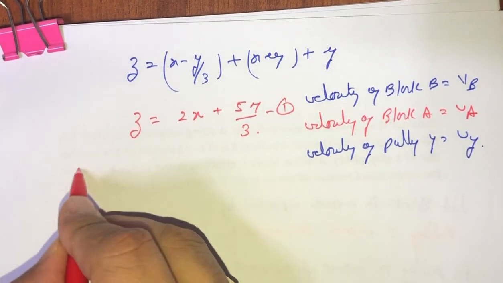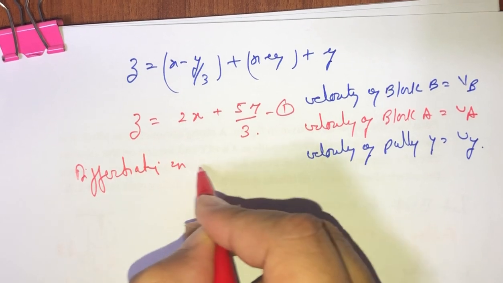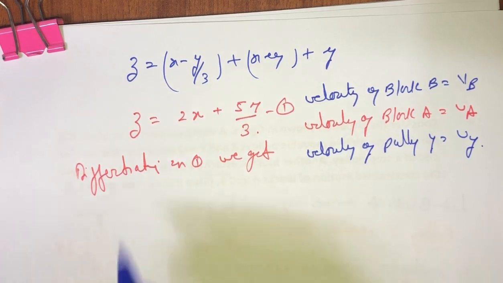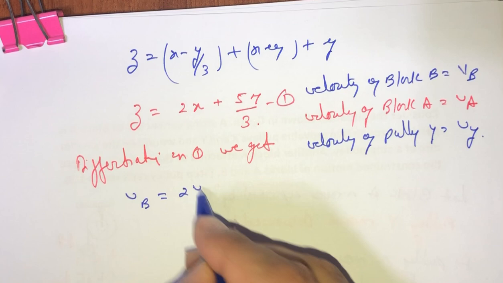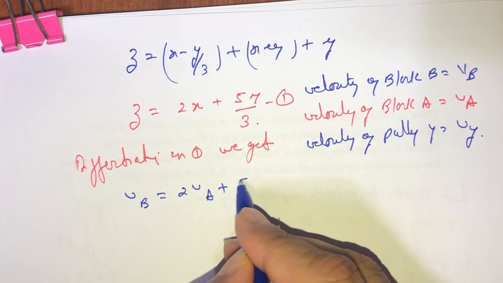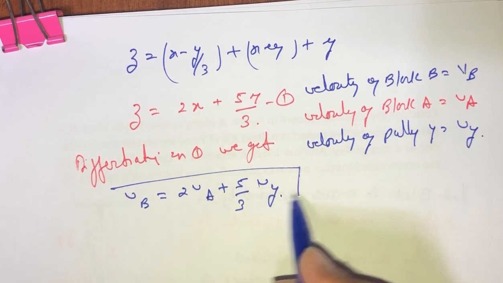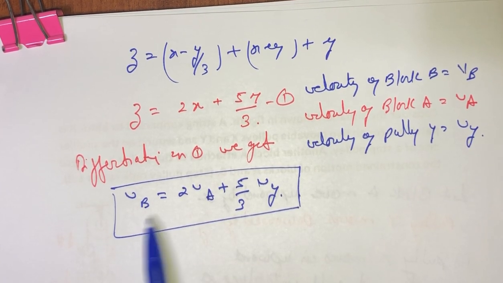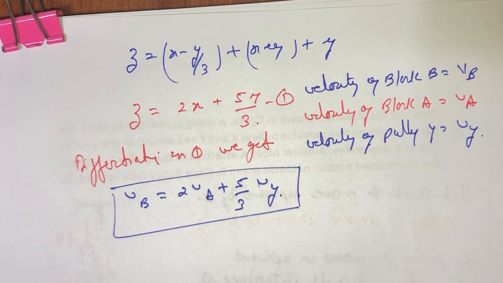Differentiating equation 1, we get VB equal to twice VA plus 5 by 3 Vy. So this is the relationship between the velocity of block A, block B, as well as the velocity of pulley Y. Thank you.